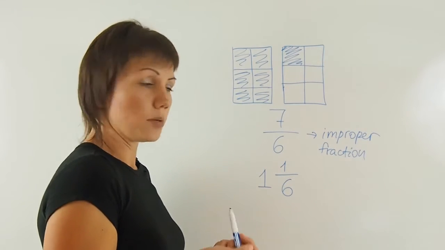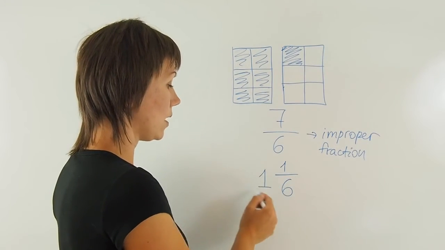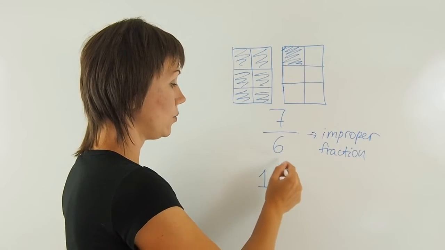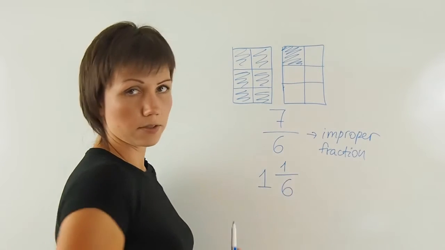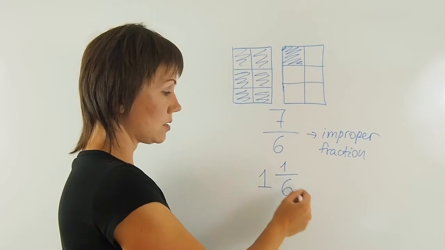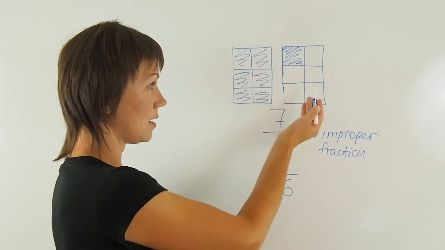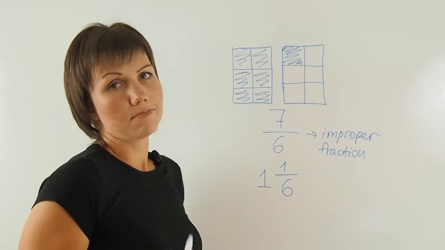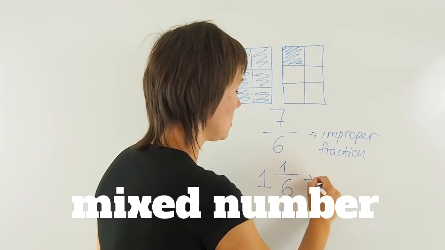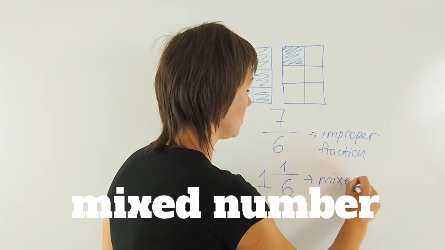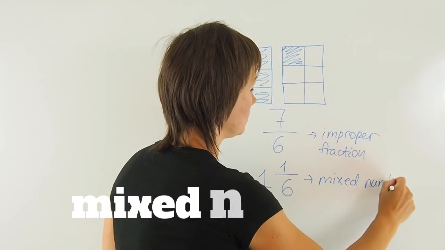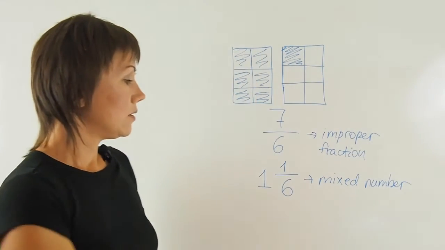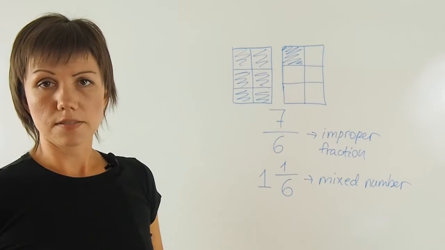So essentially what I'm saying is that I've taken one whole and one more piece out of another bar with 6 pieces. Is that right? Does that make sense? It does. So this is a mixed number: 1 and 1/6.